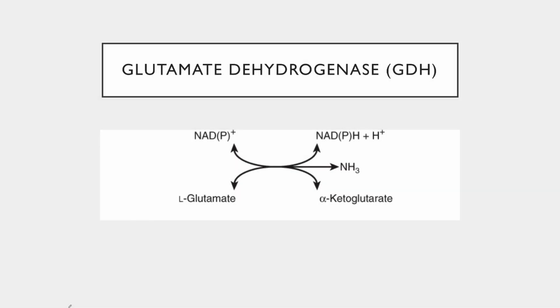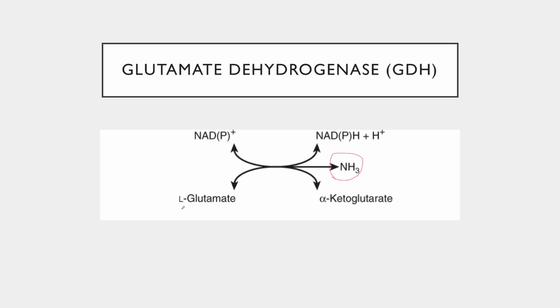So in addition to transaminases, there are 3 additional enzymes that play essential roles in nitrogen transport. The first we'll talk about is glutamate dehydrogenase, or GDH. It's present in most tissues, and what you'll notice is different about this is it's able to both fix and free ammonia.